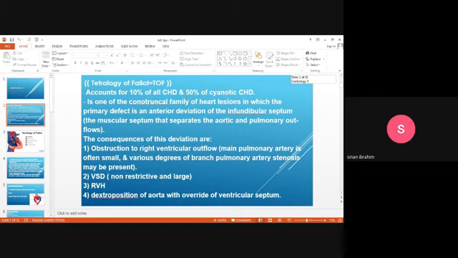So this will result in usually the pulmonary artery, if its flow is small, the artery will not be well developed and take its original size. So the size usually will be smaller than normal, and as a result of this decreased size may have various degrees of branch pulmonary artery stenosis.